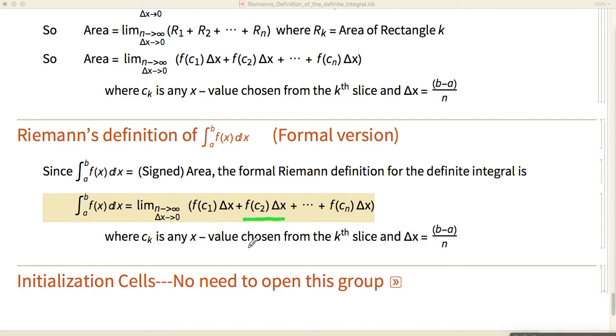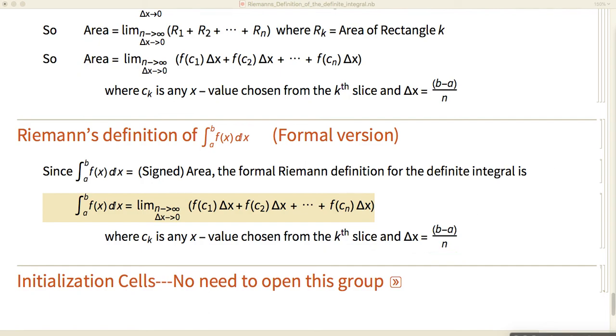f of c2 times delta x is the area of rectangle 2. And we keep going until we get all the way up to f of cn times delta x is the area of rectangle n. So ck is any x value chosen from the kth slice, and delta x is b minus a over n.